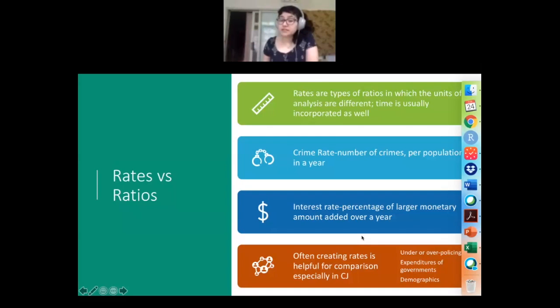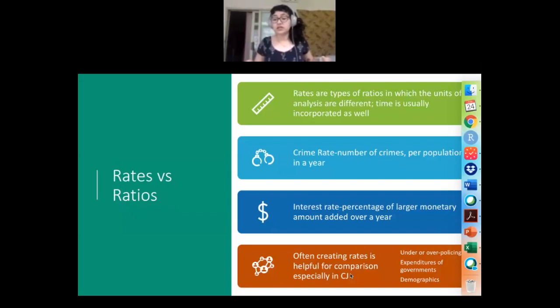Interest rates are the same idea. We're talking about money, but it's a percentage of money that gets added each year over time. Creating rates is really helpful for comparison, especially in social sciences and criminal justice, because it can help us categorize geographic spaces.